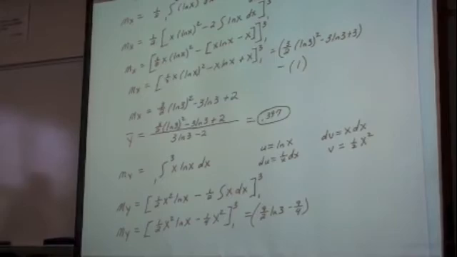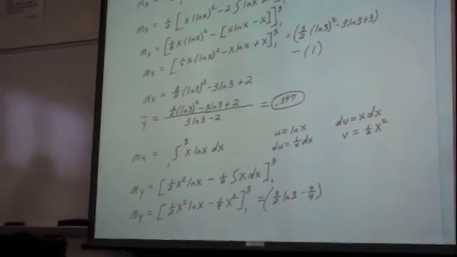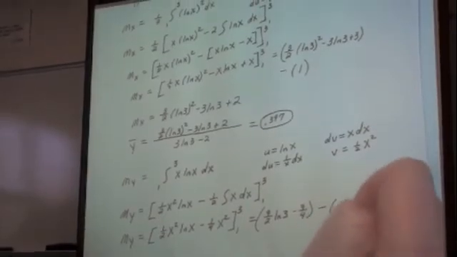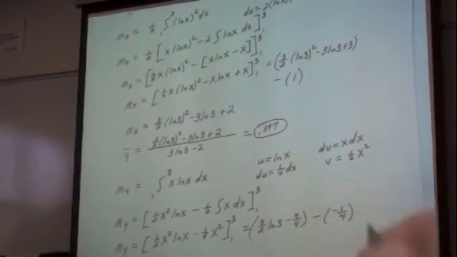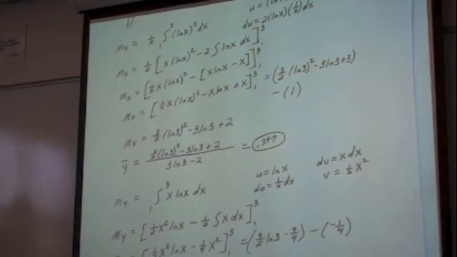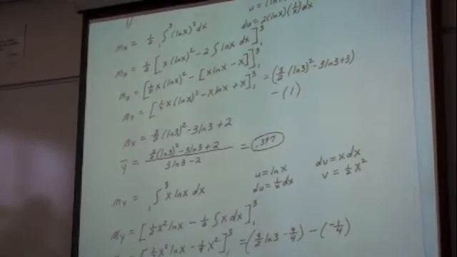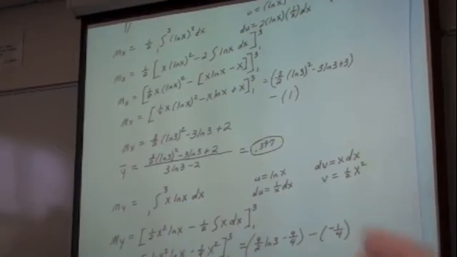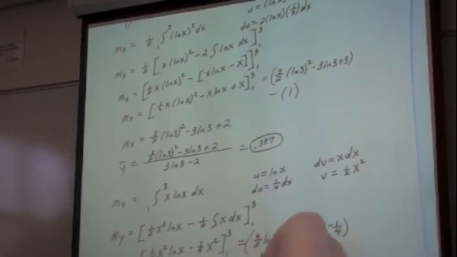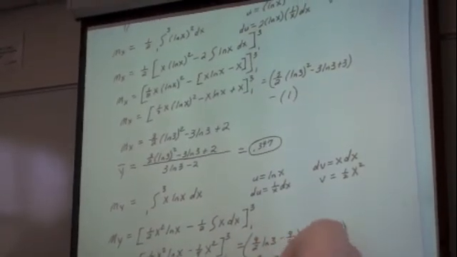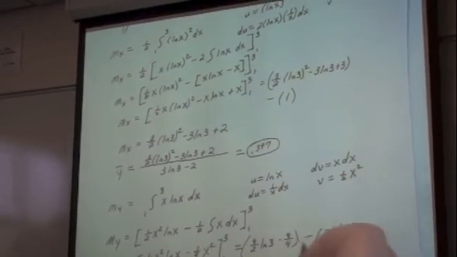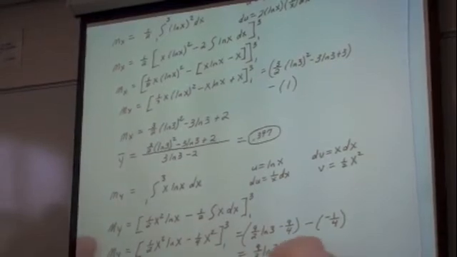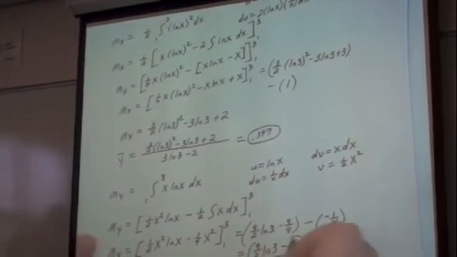So then you'll just get minus the group negative 1/4, which is, of course, going to be plus 1/4. Negative 9 over 4 plus 1 over 4 gives me negative 8 over 4. This is just going to give me 9 over 2 ln 3 minus 8 over 4, minus 2. So I have my moment about the y-axis.